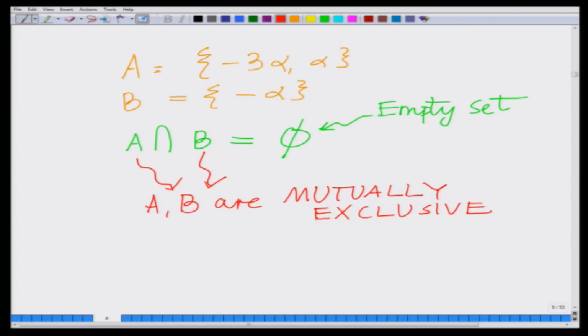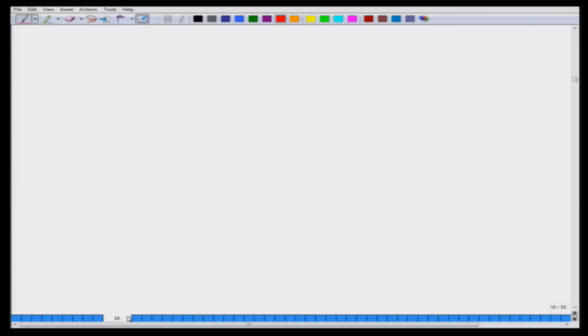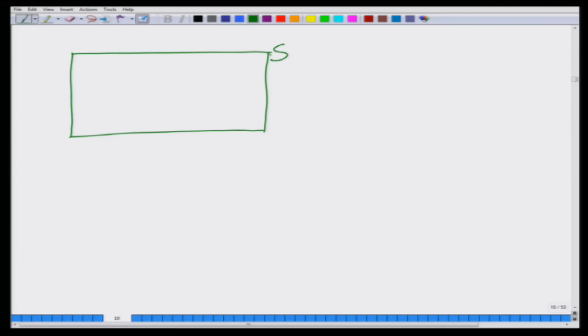Further, it is easy to see some properties which can be clarified with a diagram, a picture representation. Let us say this is my sample space S. We can clearly see that S complement is equal to the empty set.